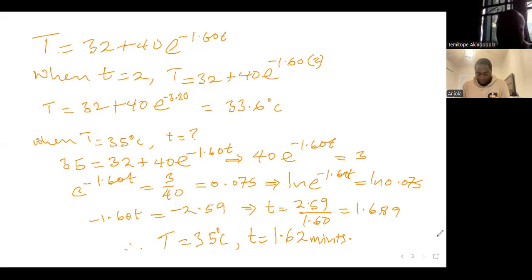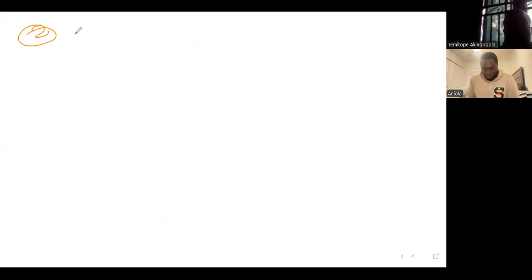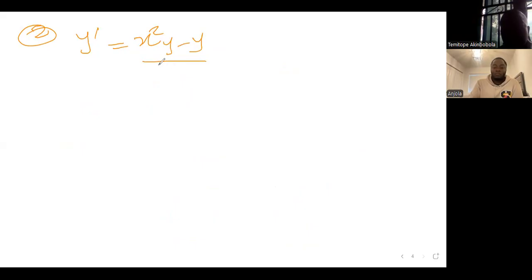So the second part, or question 2 rather, that one is trivial. You are asked to show that the differential equation y prime equals s squared y minus y over y plus 1 is separable.